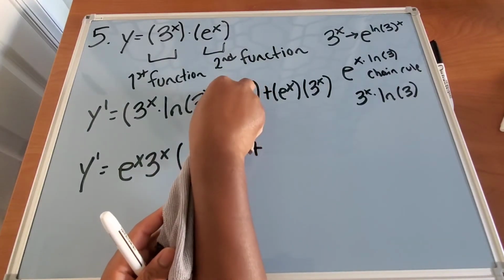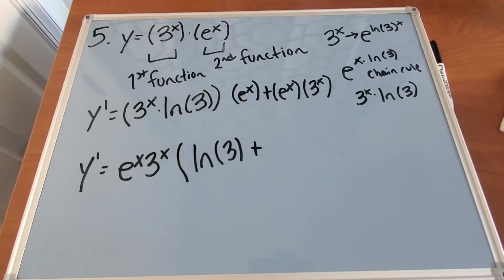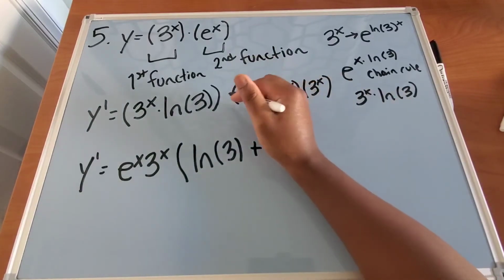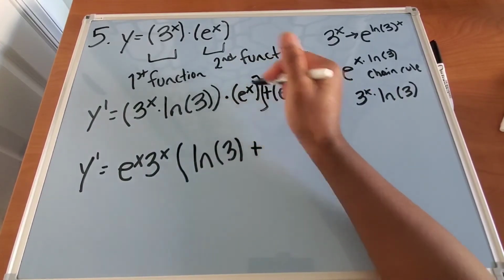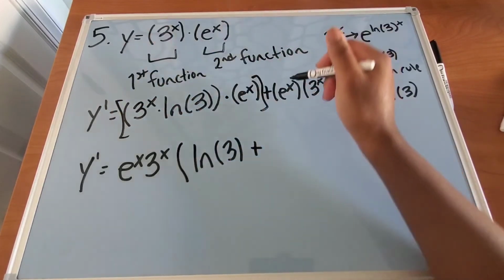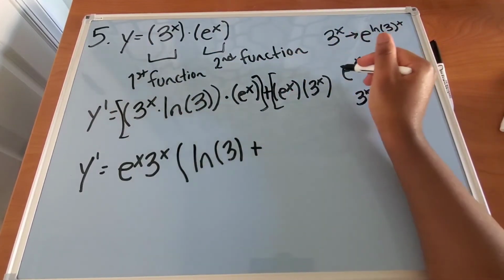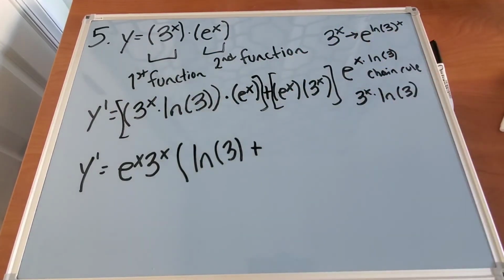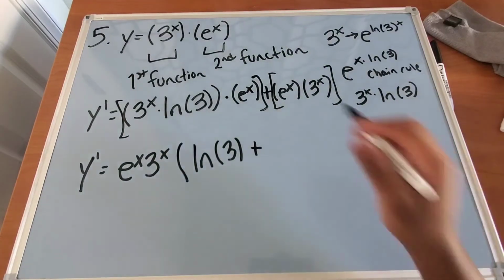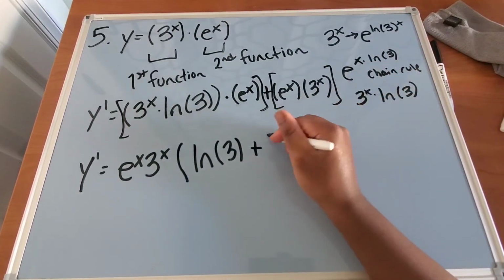This should not be times this. This is times here, then plus this. Importance of parentheses. If I pull out a 3 to the x here, so this is plus 1.